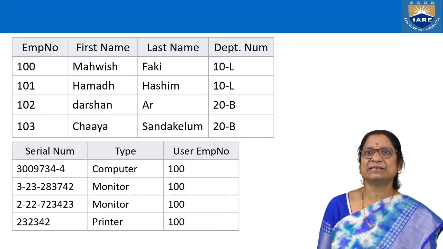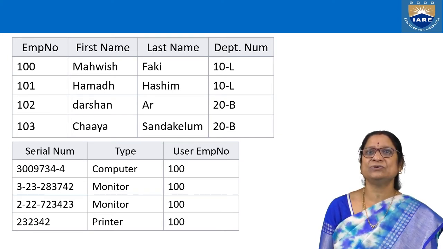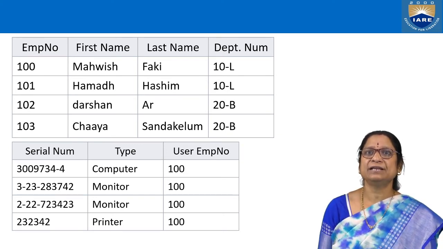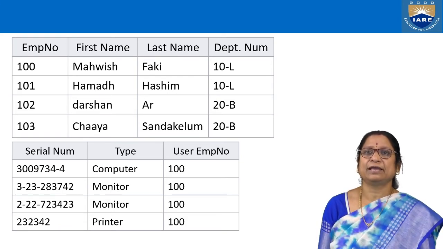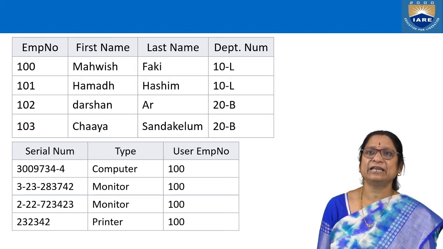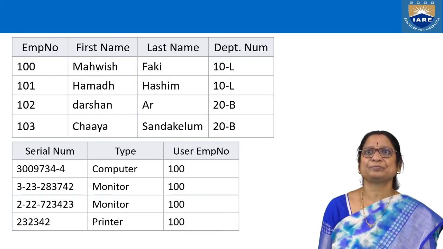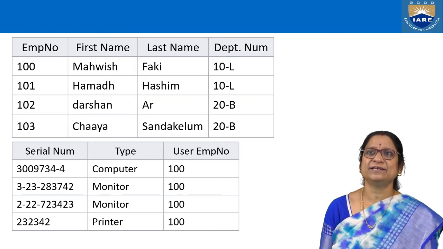For 101, for example, even 101 is using the first two products, computer and monitor, of 300973 and 323283. If they are using them, again for them another table is created with the same data, which cannot be connected again to these tables. Why? Because if it is connected, a cycle forms, and then it becomes a many-to-many relationship.